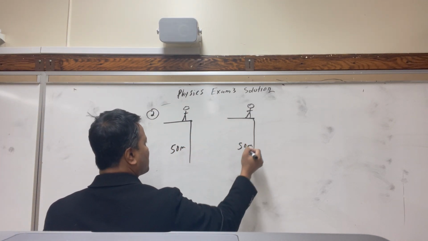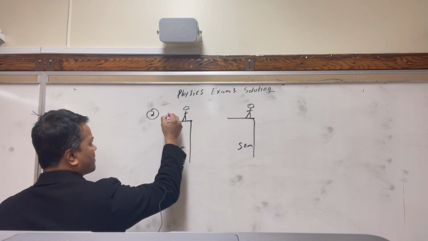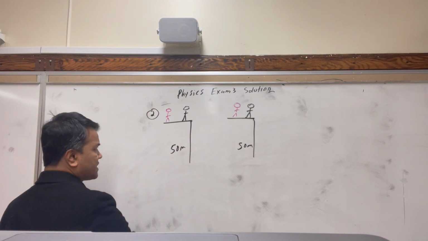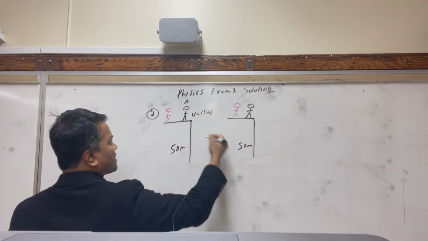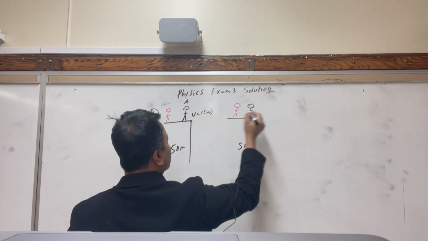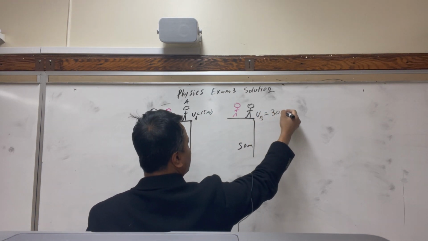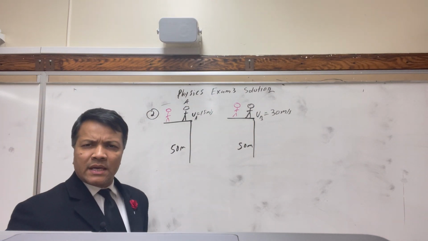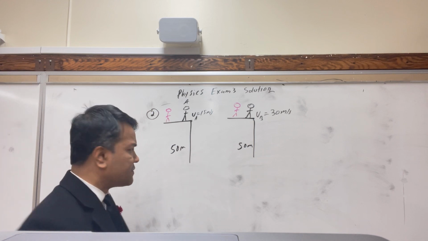This guy is chased by a terrorist, and this guy is also chased by a terrorist. So this guy decided to jump. A is 15 meters per second, and B is 30 meters per second, double. Now who is going to land on the ground faster?